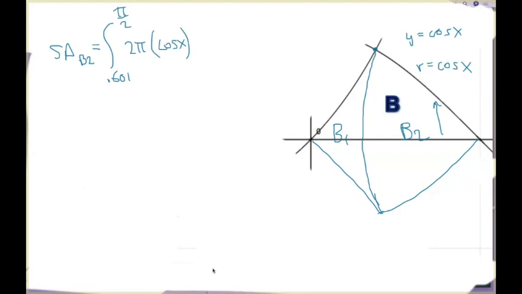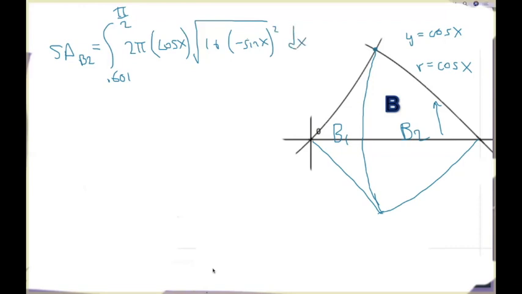And now we've got to add the curve length component, which we already just copied this integral from the earlier example we just did. It's the square root of 1 plus negative sine of x, that quantity squared, dx.